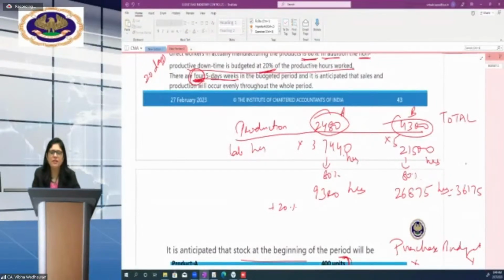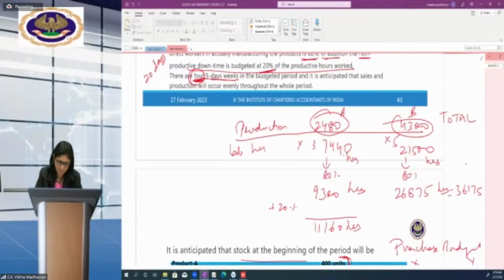The non-productive downtime, let us say the idle time of the machine or the laborers, or the rest time of the laborers, is also part of the wages they are going to be paid. So the lunch time, the machine idle time, or some other time lapse, they are also going to be paid for that. So 9,300 plus 20%, total 11,160 hours the laborers were paid.